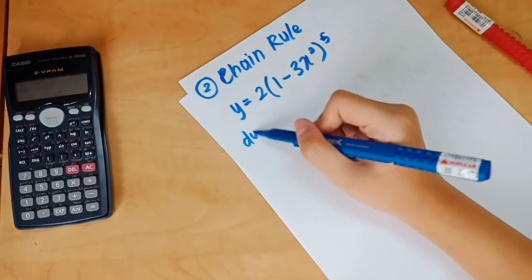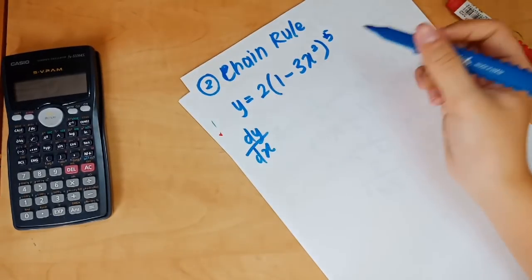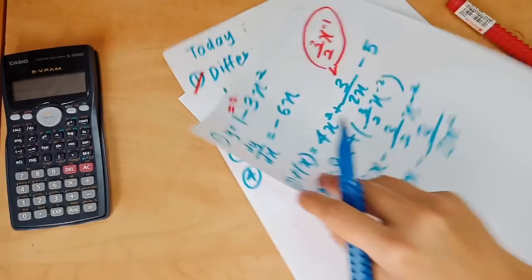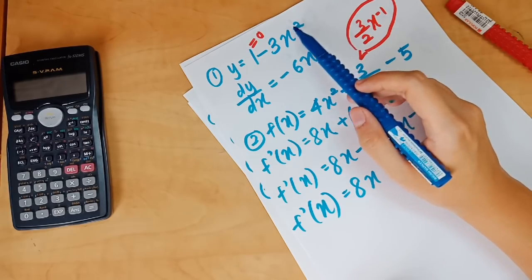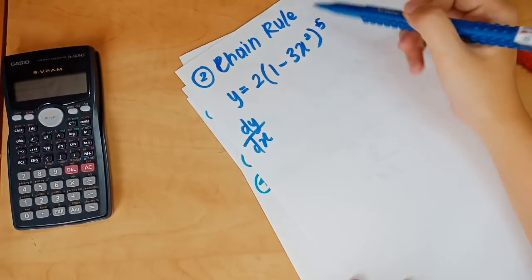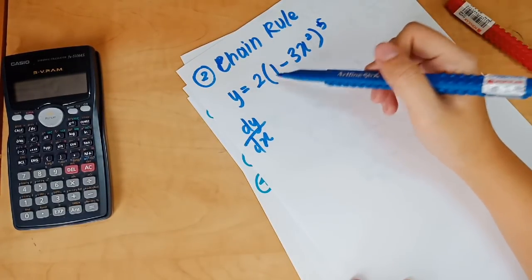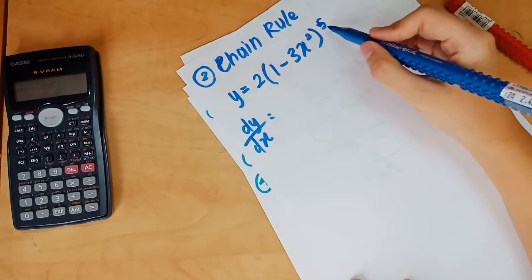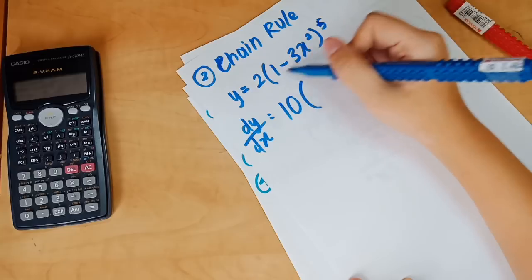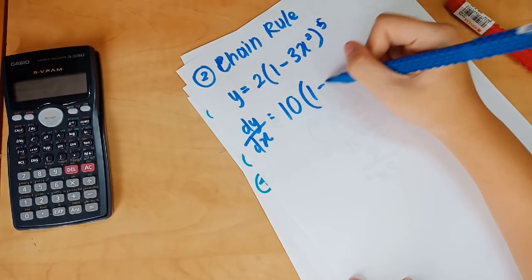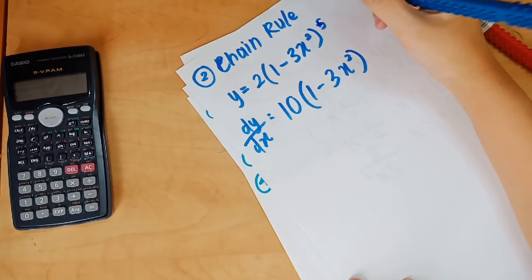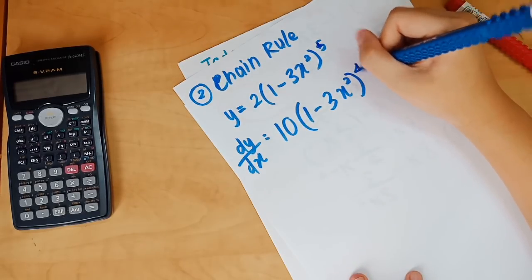Anyways, what you do is you differentiate it as any normal thing. Like previously I told you that you have to multiply the power with the number in front, it's the same thing. You have 5 times 2, 10, and you have to copy back the equation exactly. And this 5, you have to make it to 4, so here's 4.